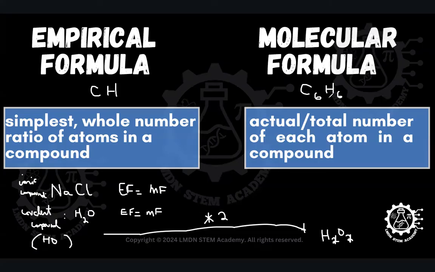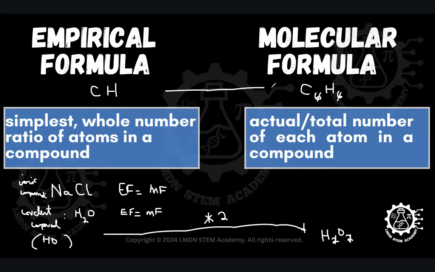So this is the actual number of atoms that's in that benzene ring, and we're very familiar with that. But the empirical formula, the simplest whole number ratio, would just be CH, and we would have gotten it here by dividing these two through by 6. So that's how we ended up here.